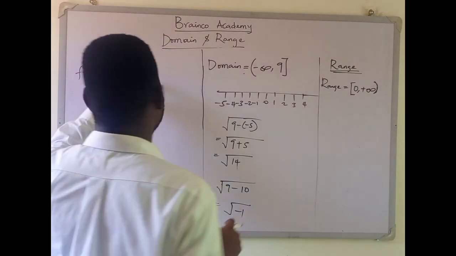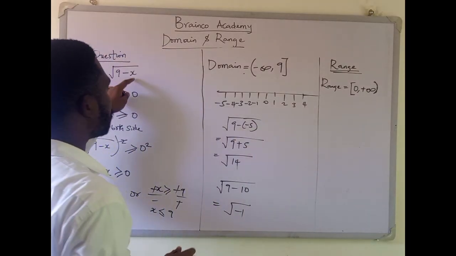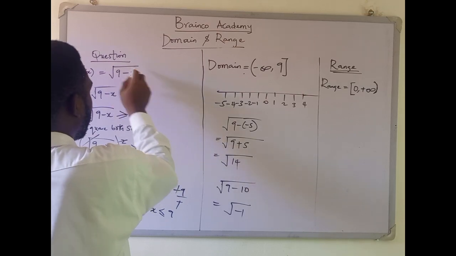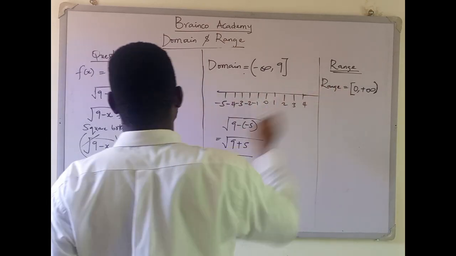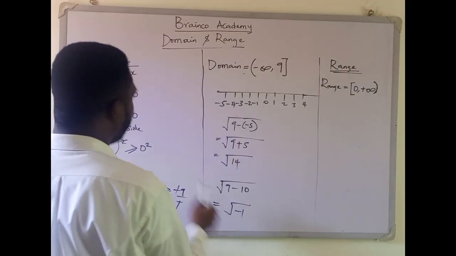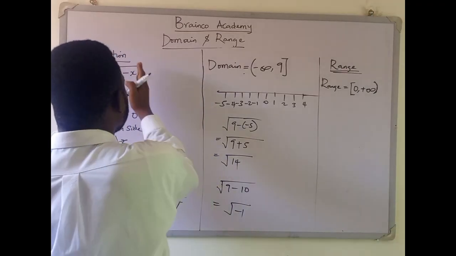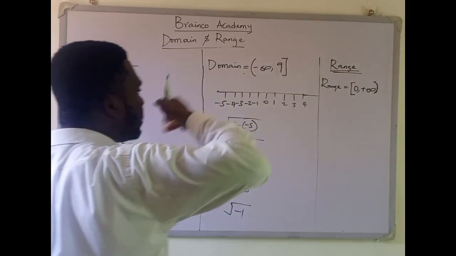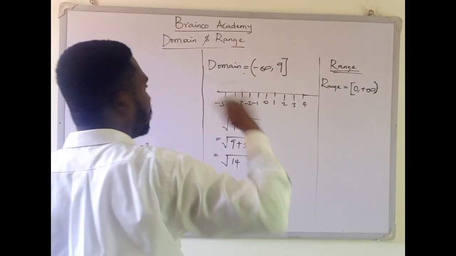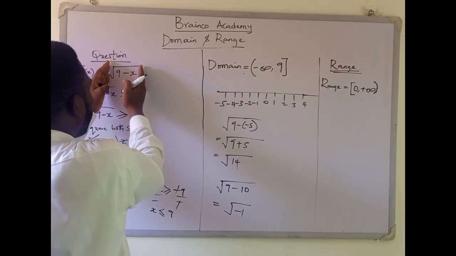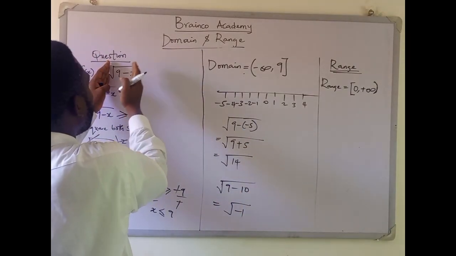How do we know the range? I said it's the output values. If you put 9 here, the output will be the square root of 0, which is 0. We can't have a negative number as the output. We either have 0 and other numbers up to positive infinity, but we can't have an answer of minus 1, even if we put any value here.